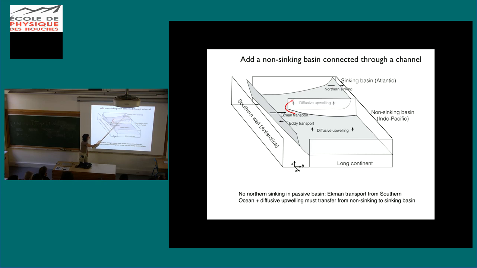So the only place where you can flush things out is this region. So you have to have transport of all this stuff entering this sector into the Atlantic, and that is this red curve. And the reason why I painted it red is because in oceanographic jargon it's called the warm route. Because in principle you could go around this place here. That would be called the cold route, but that's not what happens.